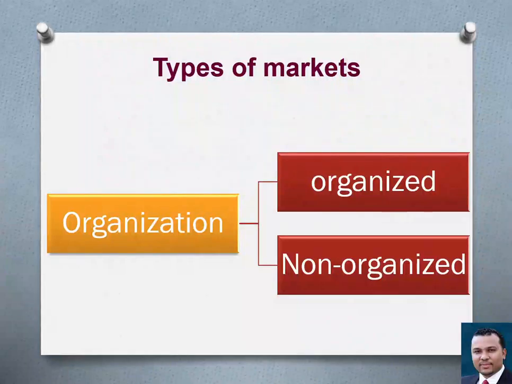Another classification is based on the degree of organization: we classify markets into organized versus non-organized. In the case of organized markets, we talk about a specific area, and a specific time to open the market and time to close. A good example is the stock exchange market in Egypt.